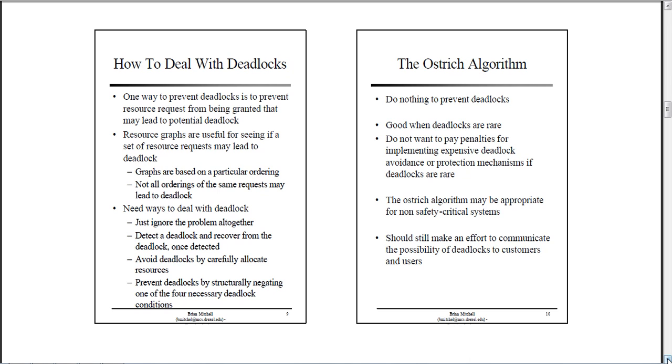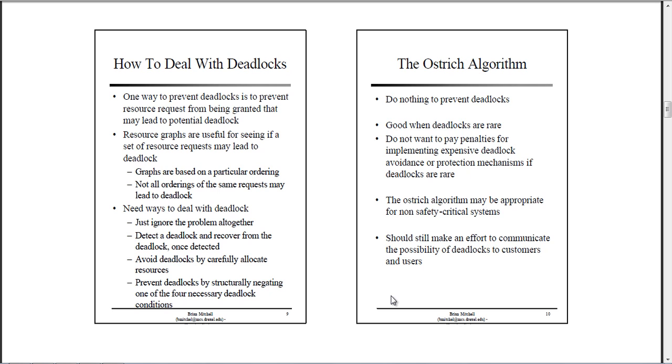How to deal with deadlocks? One way to prevent deadlock is to prevent resource requests from being granted that may lead to potential deadlock. Resource graphs are useful for seeing if a set of resource requests may lead to deadlock. Graphs are based on a particular ordering.